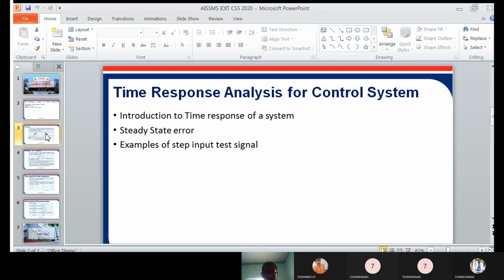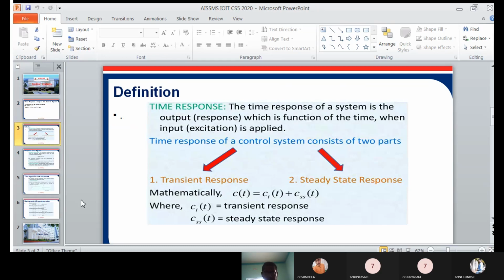Basically, in time response analysis, the definition of time response of a system is the output response, which is a function of time when the input excitation is applied. Time response of a control system consists of two parts: transient response and steady state response. Mathematically we can represent the controlled output C of t as C of t equal to C_tr of t plus C_ss of t, where C_tr of t represents the transient response and C_ss of t represents the steady state response.